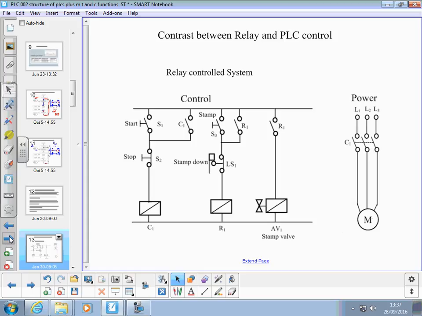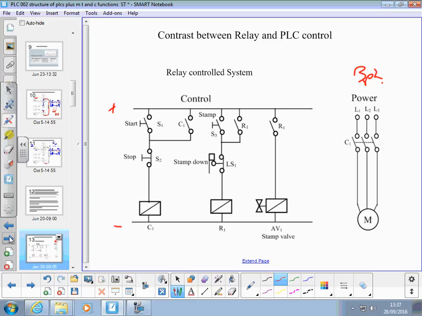So the basis of the way this circuit would work is you've got a controlled positive and negative, that could be 24 volts, could be 240, and you've got a 3-phase system to power your motor through a contactor.